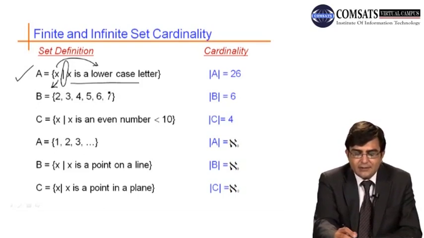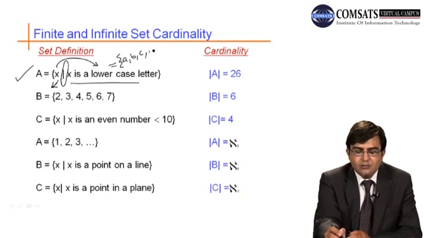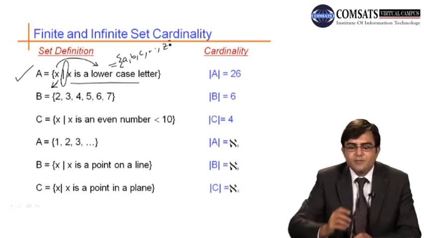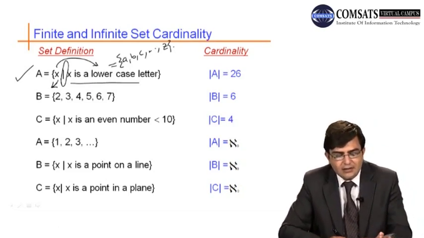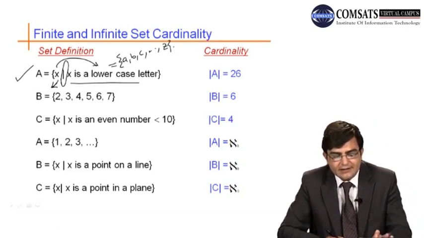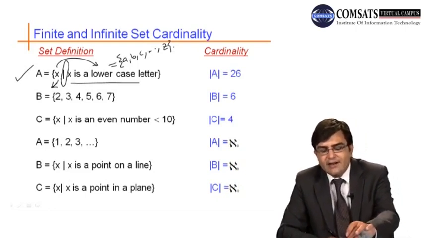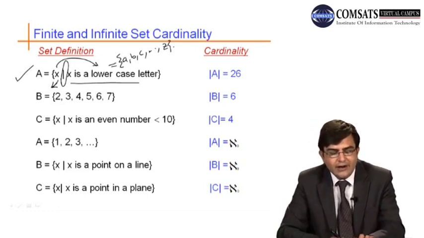So this set is basically the set of small letters of the alphabet, a, b, c and so on up to z. Instead of writing all these letters, we write the set in this form.